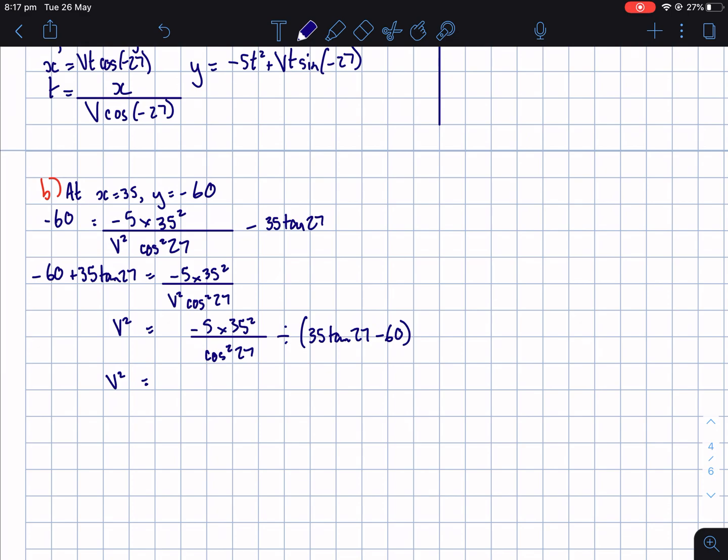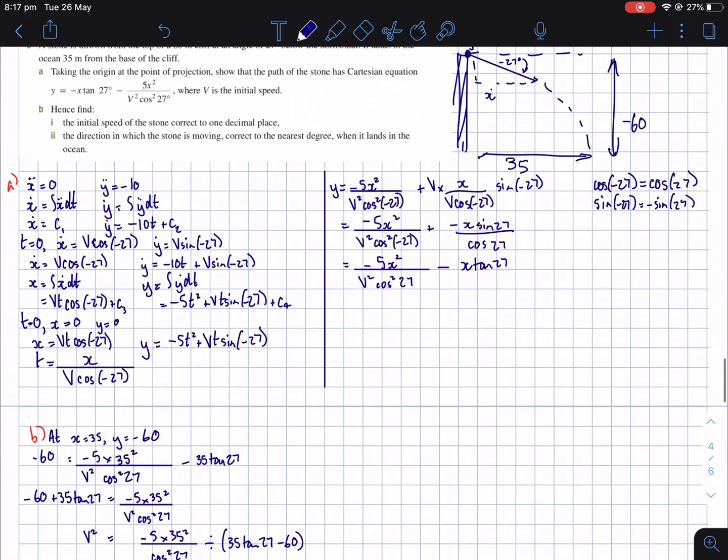Minus 5 times 35 squared over cos 27, lots of brackets, squared, divided by bracket 35 tan 27 minus 60 bracket, 182.968. So v is the square root of that. We're not going backwards, so I don't worry about the negative. 13.5 meters per second, I'm assuming. Yeah, everything was meters.